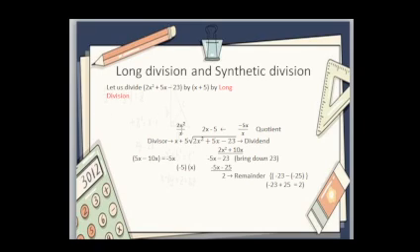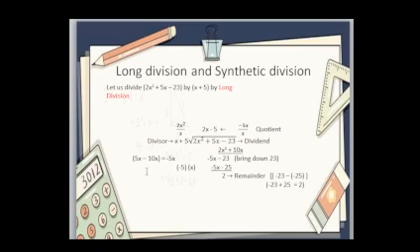Okay, let's compare if the quotient of the polynomial using long division and synthetic division have the same answer. So let us divide 2x squared plus 5x minus 23 by x plus 5 using the long division.